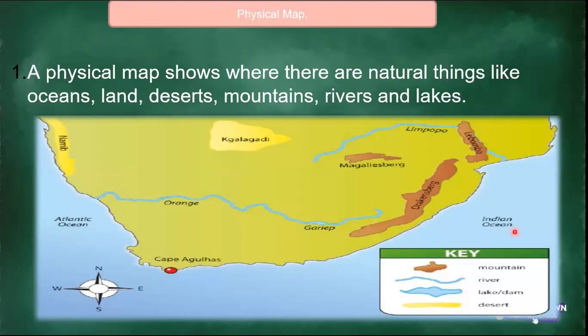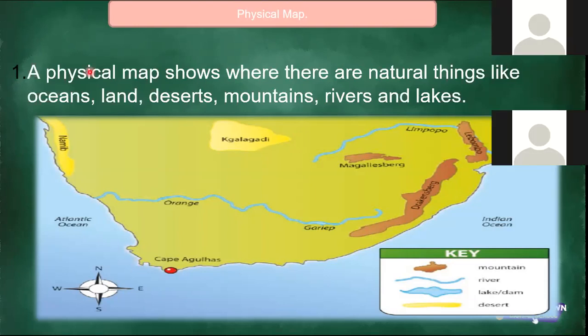You can see the Indian Ocean, Atlantic Ocean. It shows ocean. By looking at the key, we see this is an ocean. And a physical map also shows desert, mountains, rivers, and lakes.